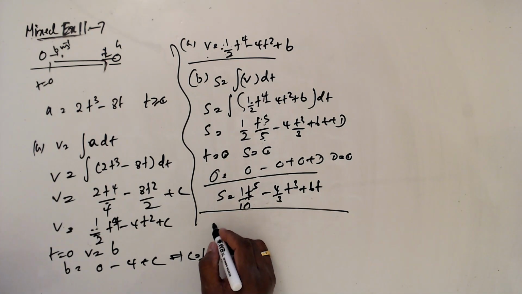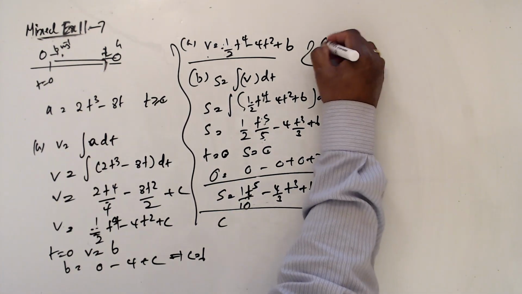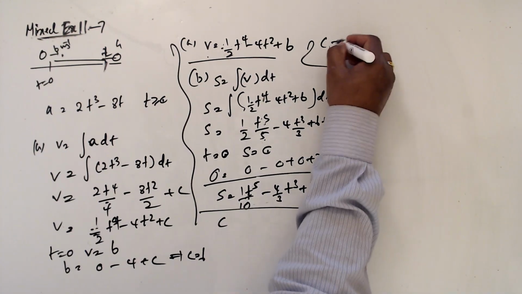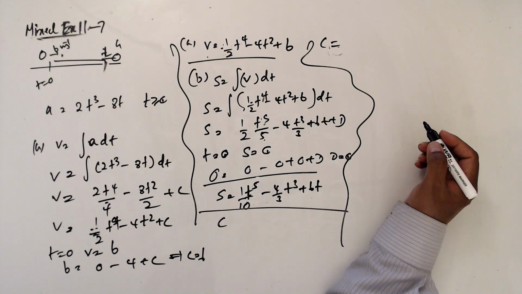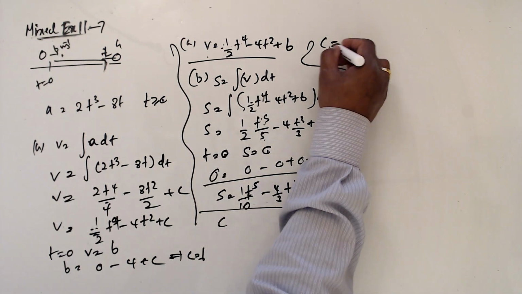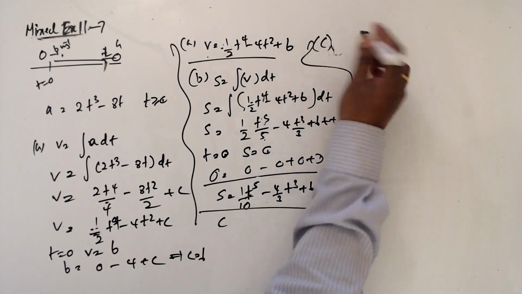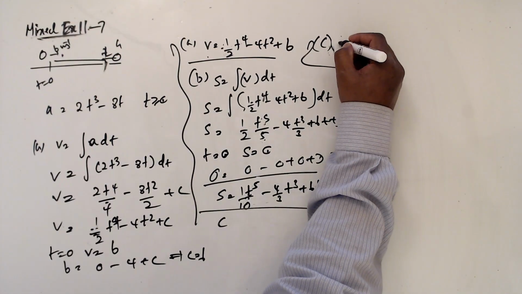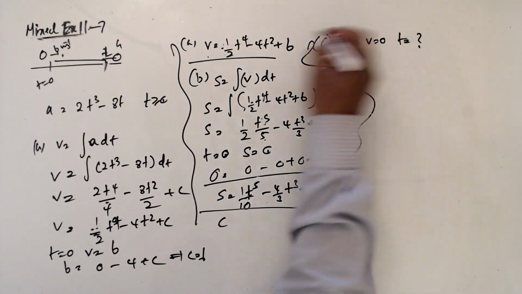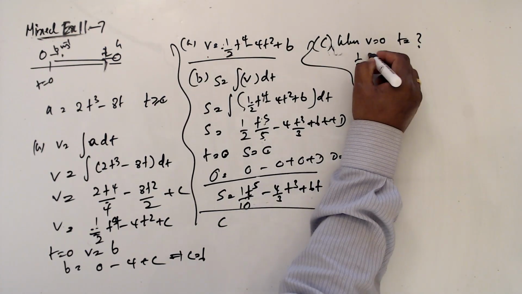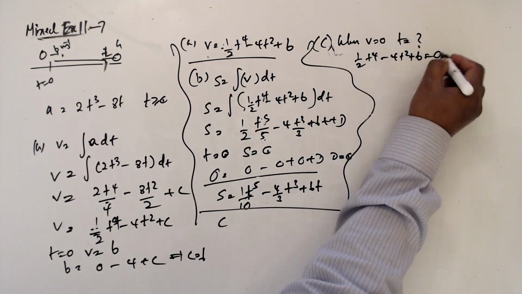Part C, we need to find the time when the particle is at instantaneous rest. So when v equals 0, we want to find t. So this is the v, half t4 minus 4t square plus 6 equals 0.